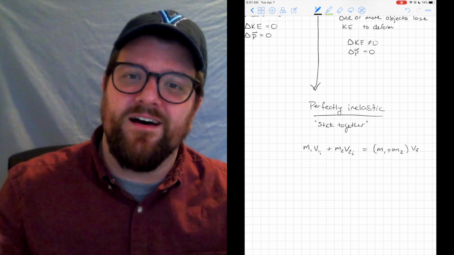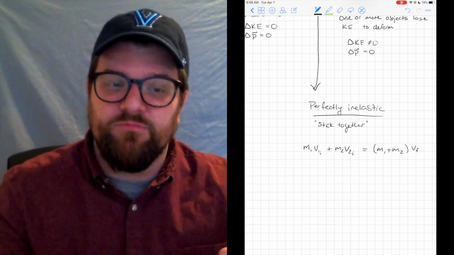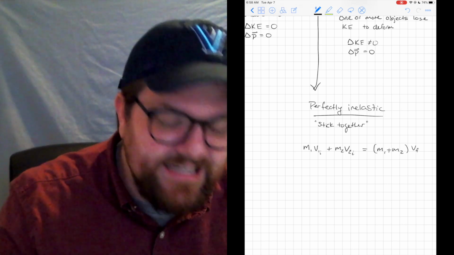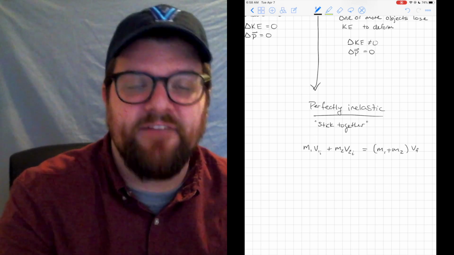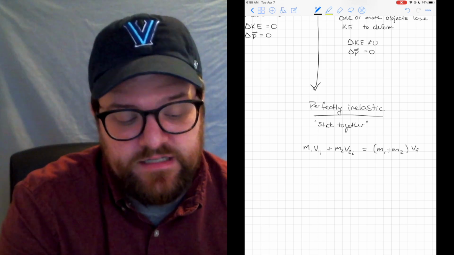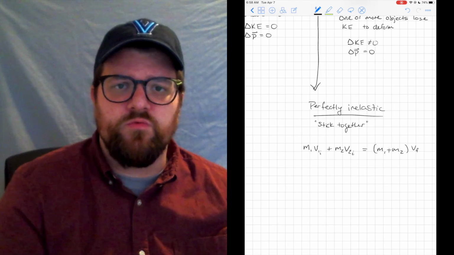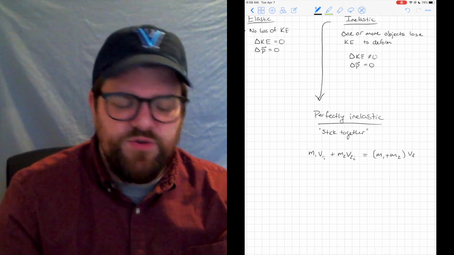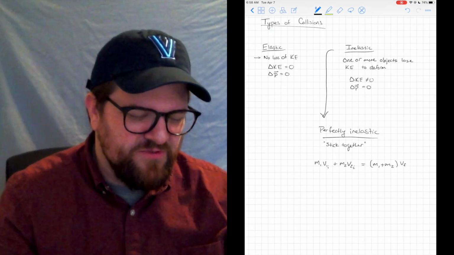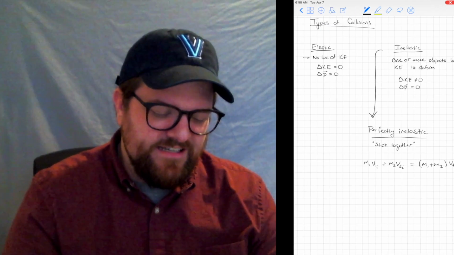So it's like an inelastic collision in reverse. And it's the exact same math. The only thing is the f's and i's basically switch there. So those are the two types of collisions that we're really going to focus in on. 2.5 types of collisions that we're going to really focus in on in this class.